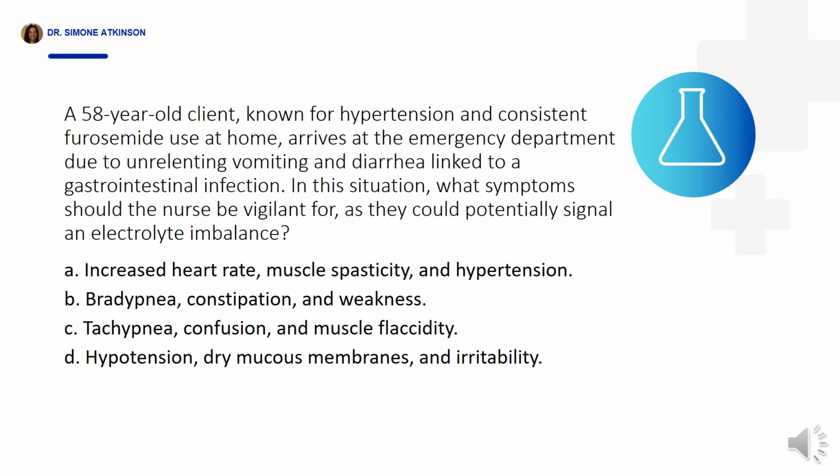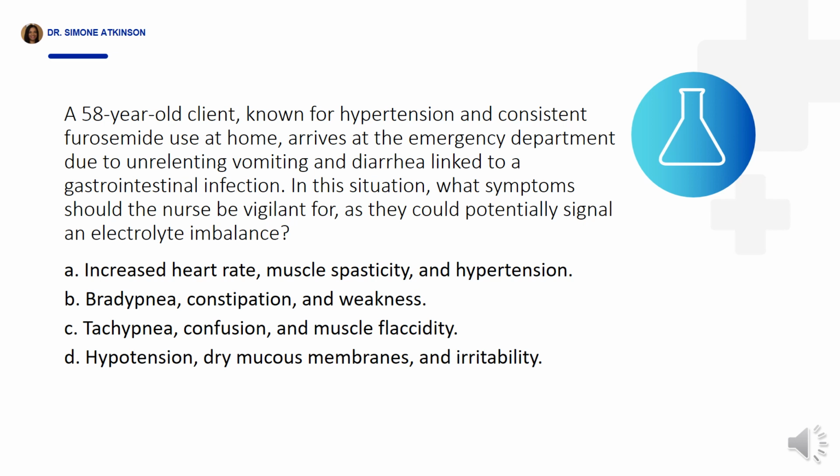Now, to break the question down, let's look back again at the symptoms that we are seeing in the question. So the client known for having hypertension is using furosemide at home. We know that furosemide is a loop diuretic, and with furosemide, we would be potentially losing potassium. It's not a potassium sparing diuretic.